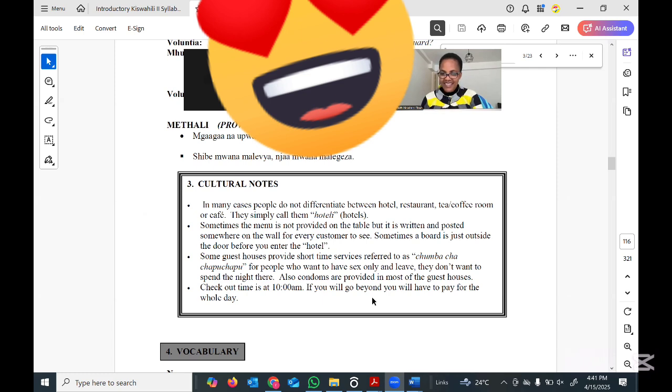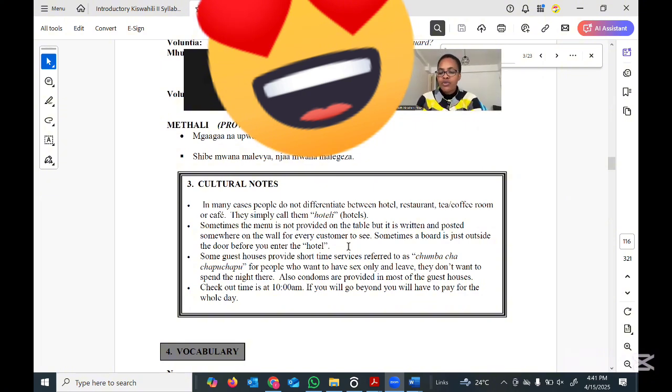But this is what they use for the drinking clubs. Sisi tunatumia bado bar. Eti bar. Okay. Naenda bar. So I don't know this one. Okay. Haya, kingine.